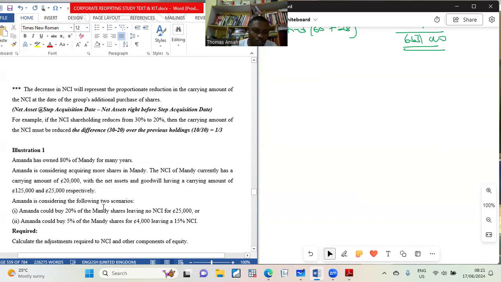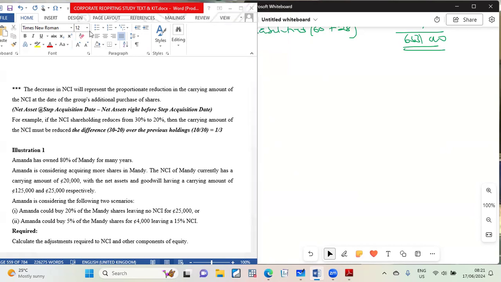Then Amanda is considering two scenarios. Amanda could buy 20% of Mandy, leaving no NCI. All right, so that is that full one. Then Amanda could only buy 5%. All right, so what do we do with these scenarios?